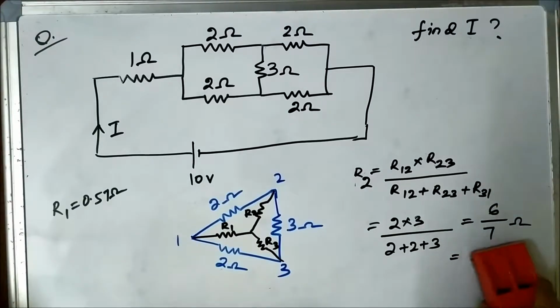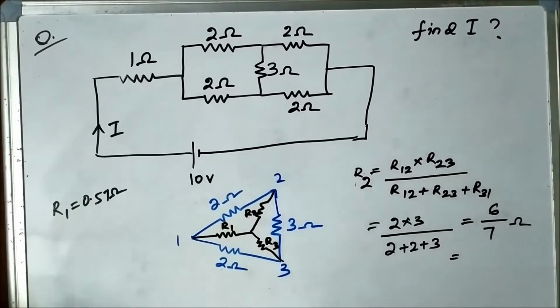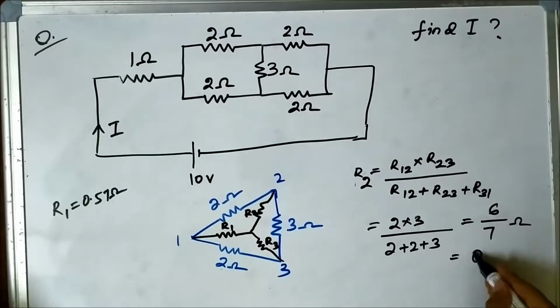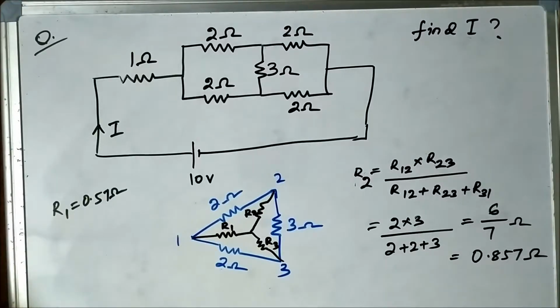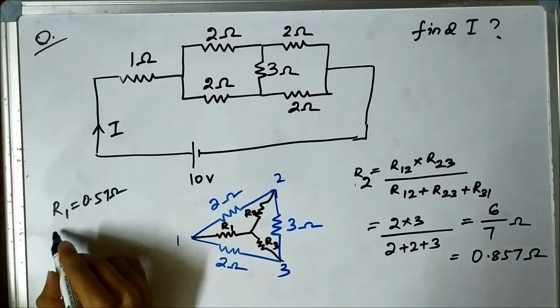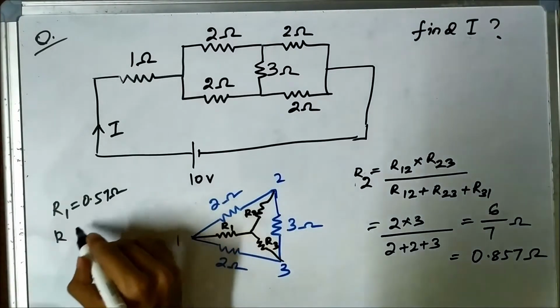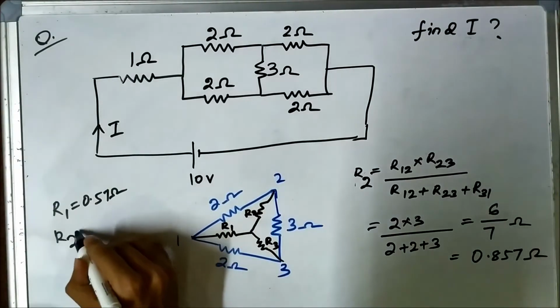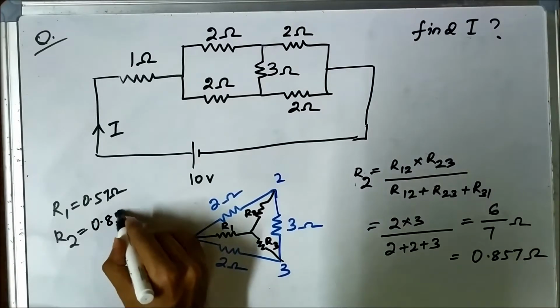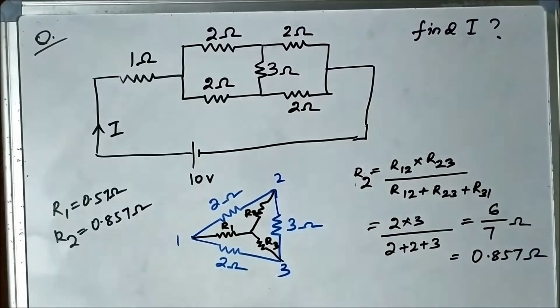And 6 divided by 7 is 0.857 ohms. Let us write it down here: R2 is equal to 0.857 ohms. Next we have to calculate R3.